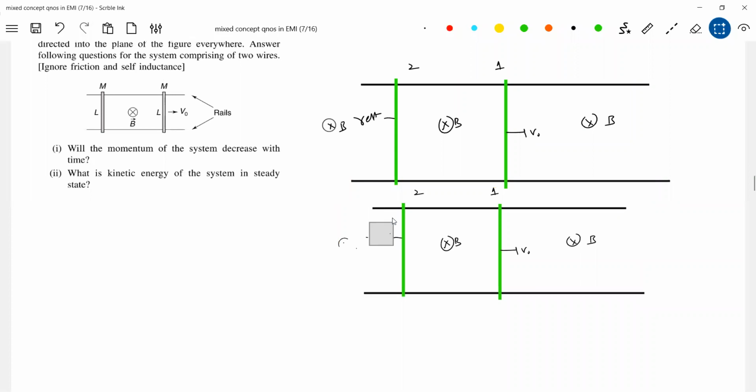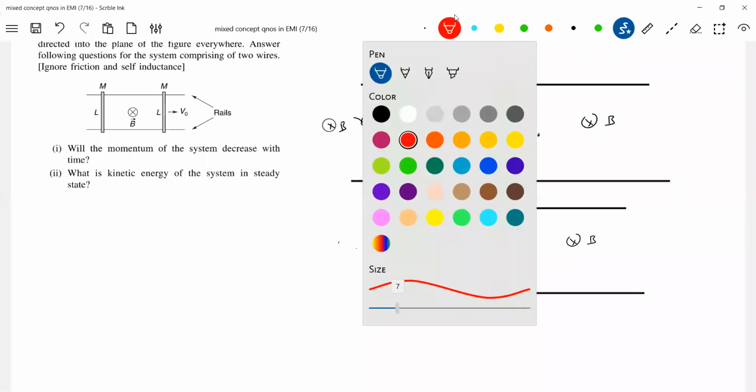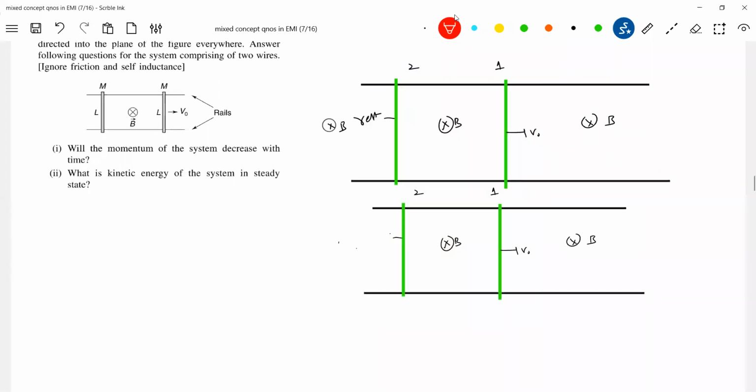I'll start the explanation from here. So the induced current, when the rod has come to this position, what is the direction of the induced current? It will be like this, and because of this, the velocity of this rod starts decreasing.